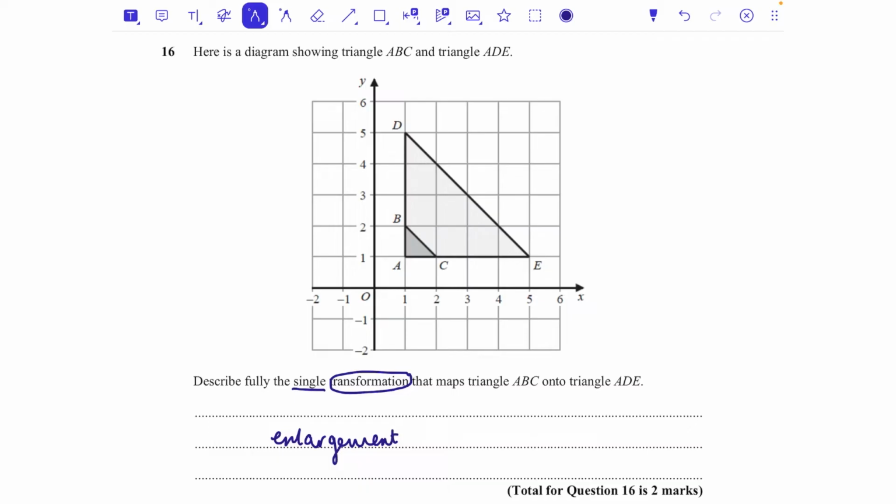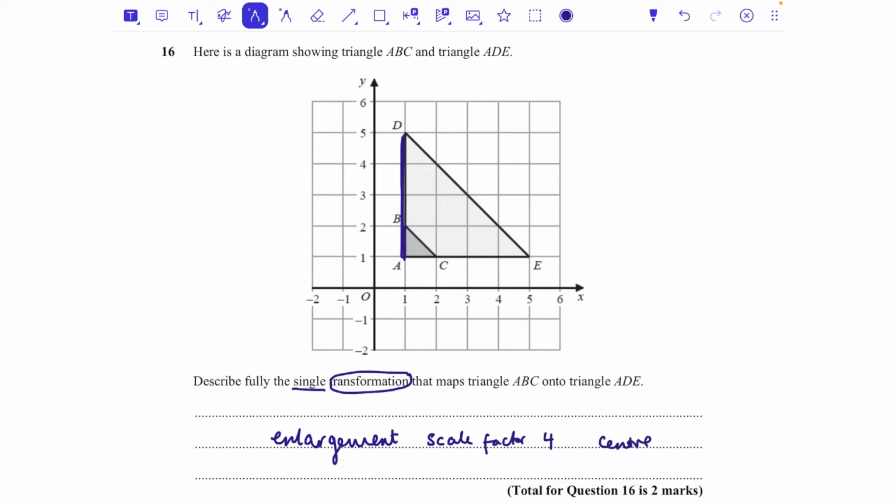Here we can see that we're going from this one to this one. So it has indeed been made bigger. And what is the scale factor? Well, my original triangle is 1 square tall, and my new triangle is 4 squares tall, because it does go from A both times. So therefore, we're going to say enlargement, scale factor 4, and then we need to give the centre.